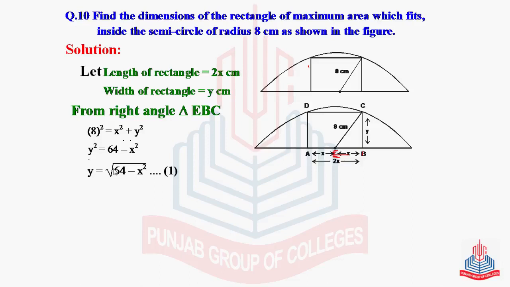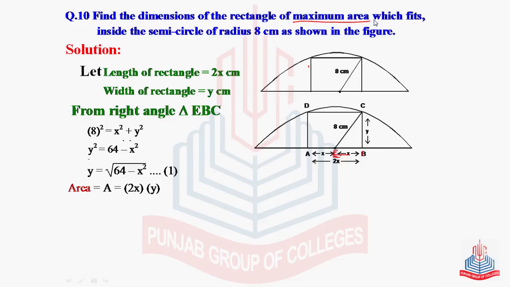Now area of this rectangle, as our required condition is maximum area. So we must make a function which gives the area of this rectangle and make that area function maximum.